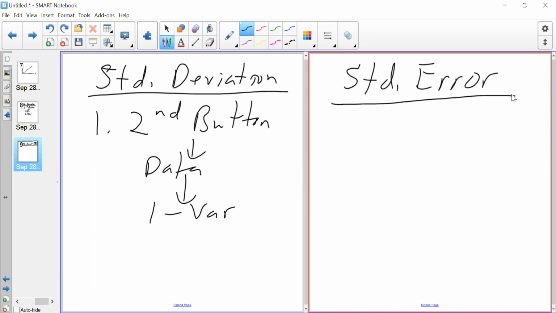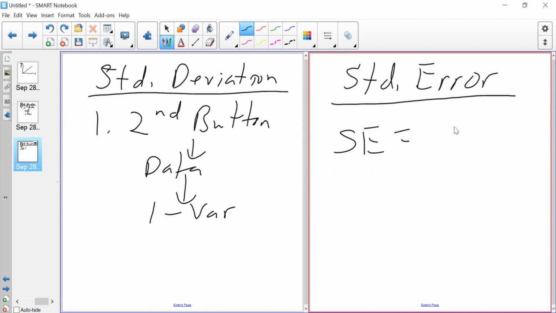So standard error, I'm just going to be very basic and upfront with you on standard error. Standard error is a check on the standard deviation. Just a check to see how credible it is. I'm going to abbreviate it as SE.